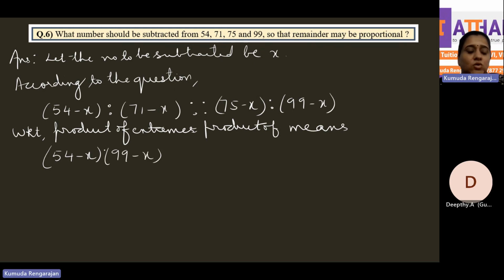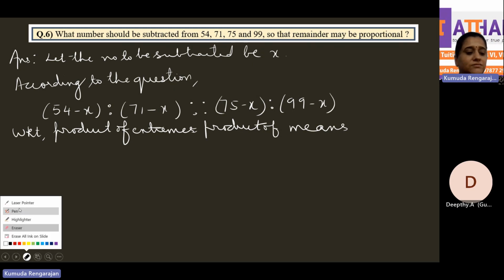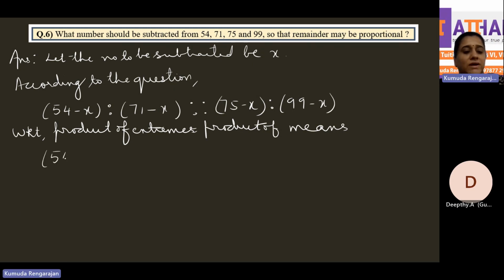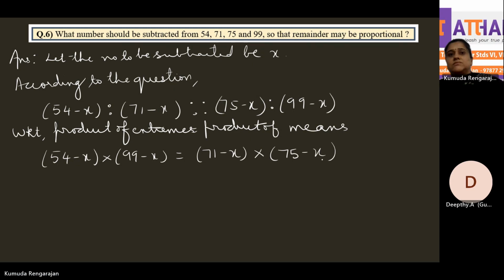When you don't show any sign, it means it is multiplication. So 54 minus x into 99 minus x is equal to 71 minus x into 75 minus x, correct?